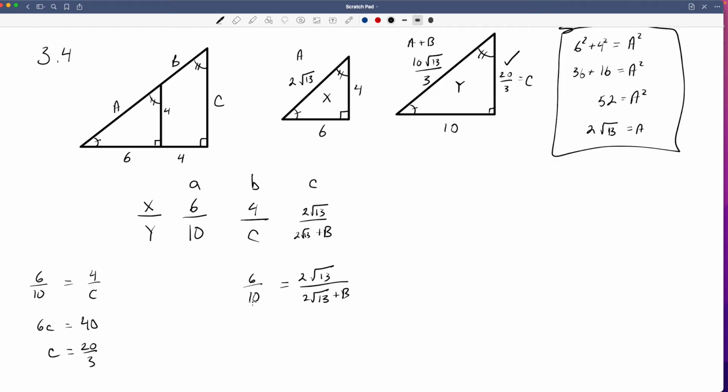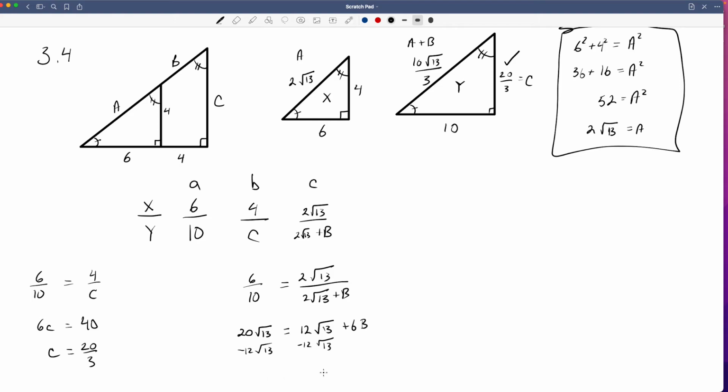So we have 10 times 2, that's going to be 20 times the square root of 13 is equal to 6 times 2, that's 12 times the square root of 13 plus 6b, right? If I subtract 12 times the square root of 13 from both sides, that leaves me 8, right?